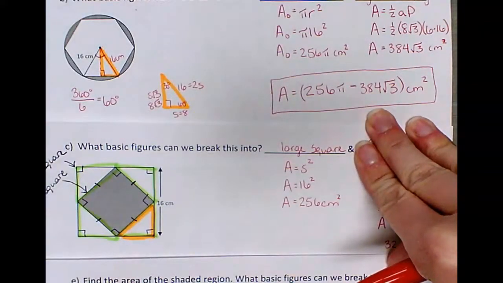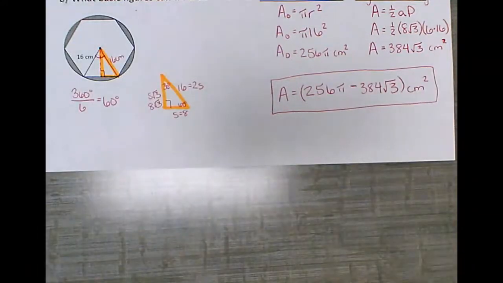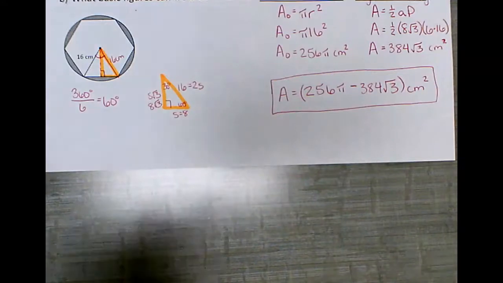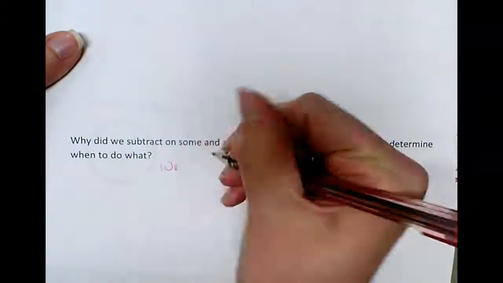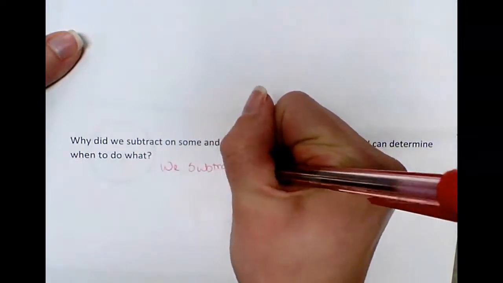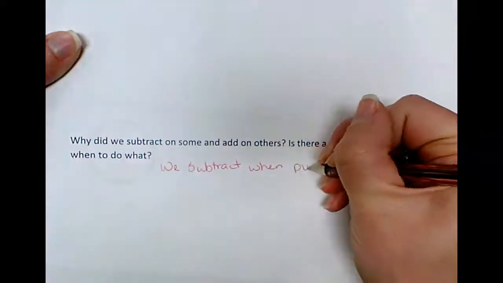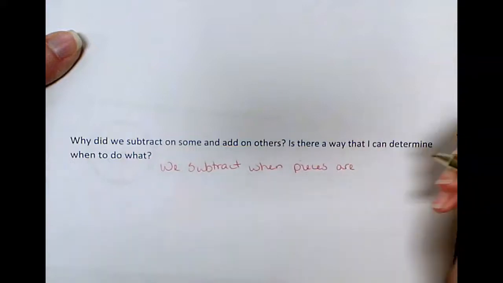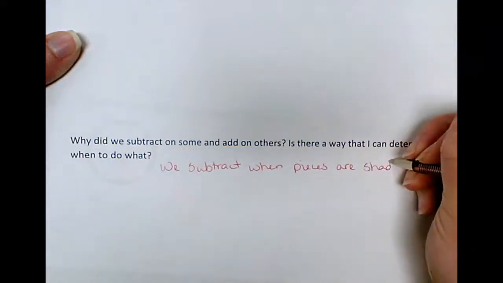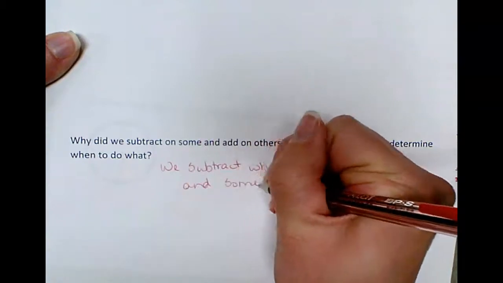Well, the whole figure wasn't shaded. There was shaded sections, and then there were pieces that were taken out. So we subtract when pieces are shaded and some are not.